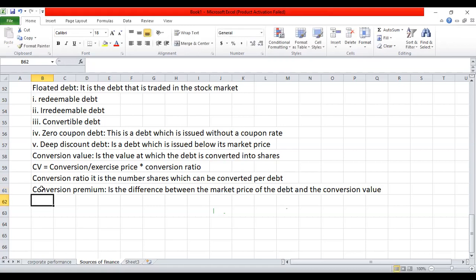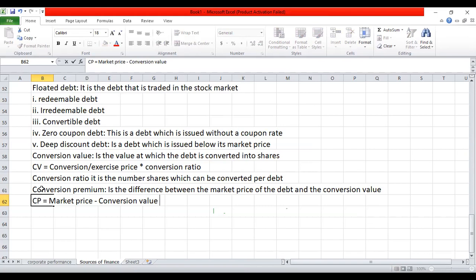So conversion premium is equal to market price or market value minus conversion value. And I've said that if the conversion premium is positive, don't convert.